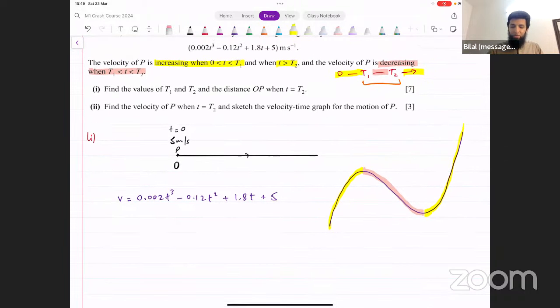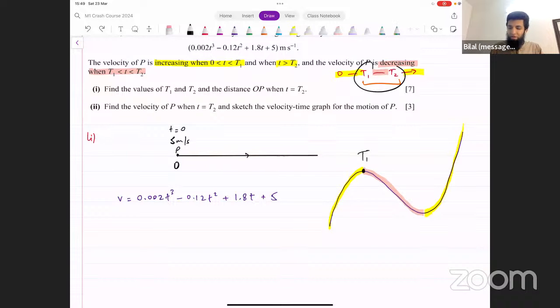Now, from time equals 0 to time equals t1, the velocity is increasing. And then from t1 onward, it starts decreasing. What that means is this point here, this should be t1, right? Because the velocity was increasing earlier and then it started decreasing. So this is the point where the velocity would be maximum, right? And then it starts decreasing.